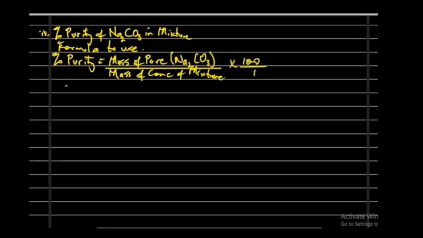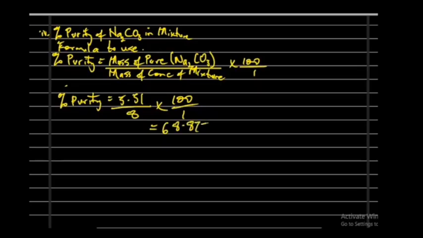So percentage purity now equals 5.51 divided by 8 multiplied by 100/1. And so this is giving us 68.875. To 3 significant figures, we have it to be 68.9%.